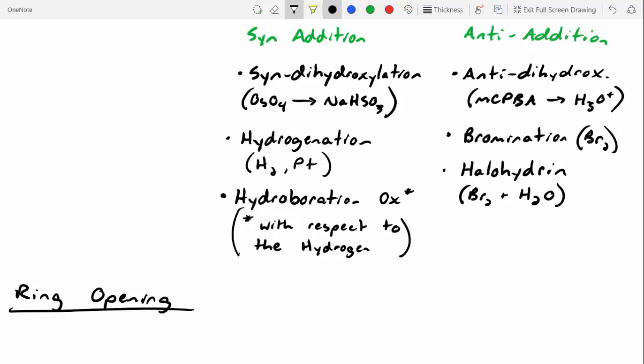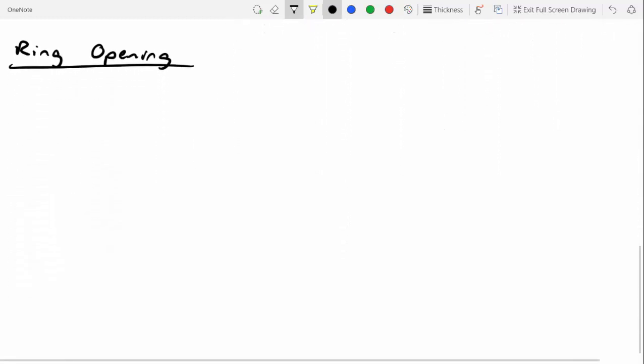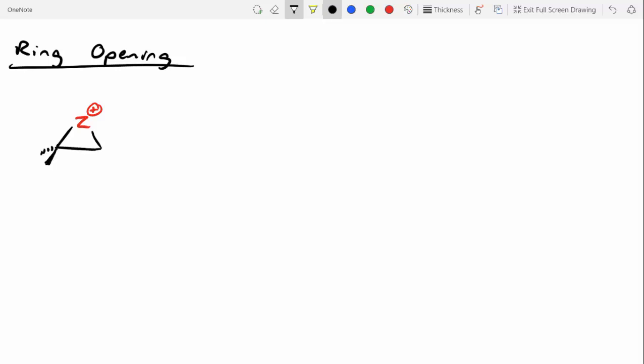So I'm going to give us a generic example. I'm going to call the ring head Z. It's going to be a 3-membered ring because that's the only ring size we've seen, and I'm going to have just 2 methyl groups hanging off there.